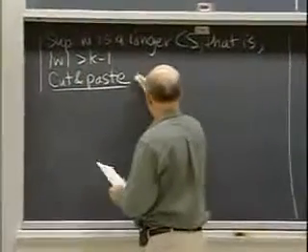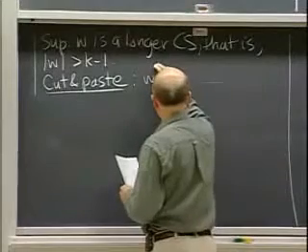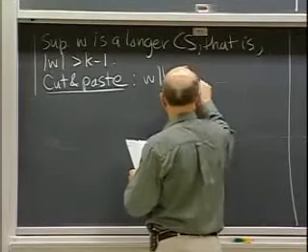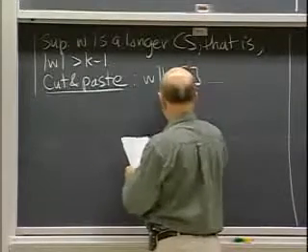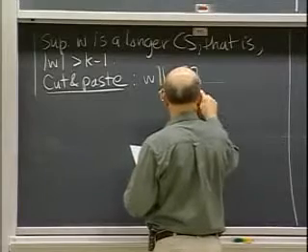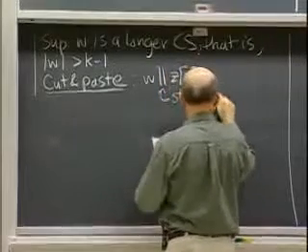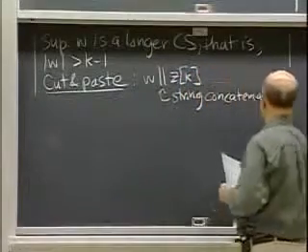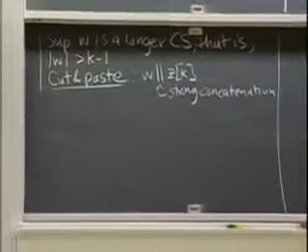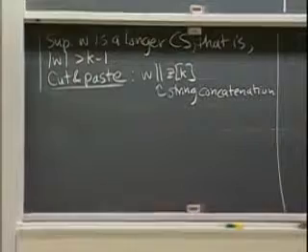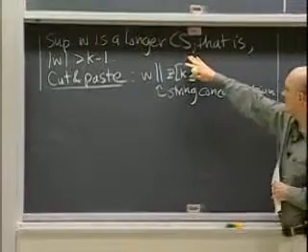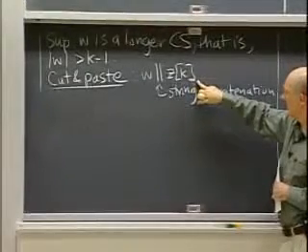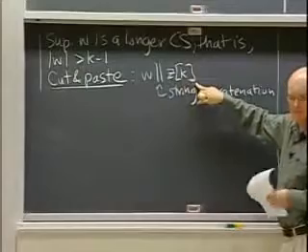So the idea is, let's take a look at W concatenated with that last character, z of k. That's just my terminology for string concatenation. So I take whatever I claimed was a longer common subsequence, and I concatenate z of k to it.